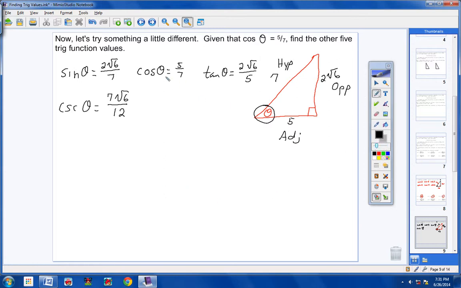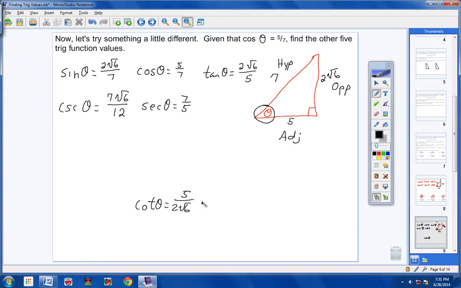Okay, now let's go ahead and take a look at secant. Secant, of course, is the inverse of cosine. So the secant of theta would be 7/5. And now be careful with cotangent. We're going to have another radical situation in the denominator, okay? So here we go. The cotangent of theta is going to be 5 over 2 square root of 6.